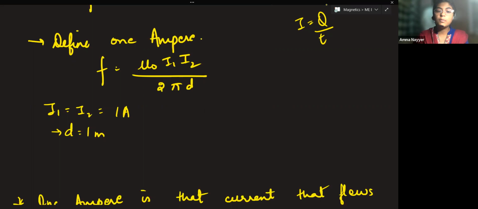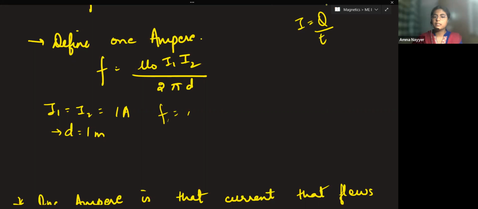Now here what will happen? If it is asked to define 1 ampere in terms of force between two parallel conductors, then how will we define 1 ampere? I1, I2 will become 1. Separation between both the conductors will also become 1 meter. Now put all the values for force per unit length.